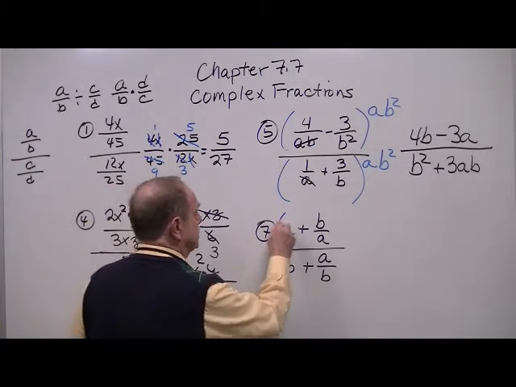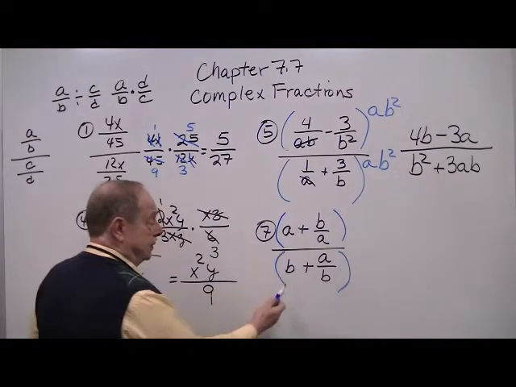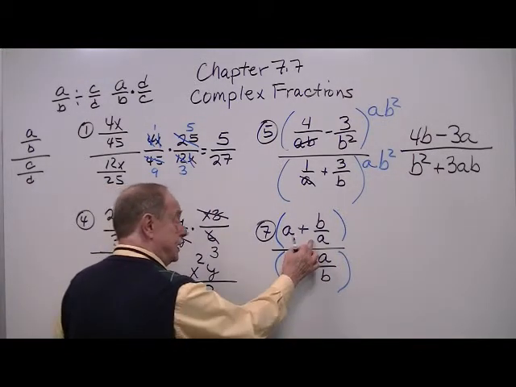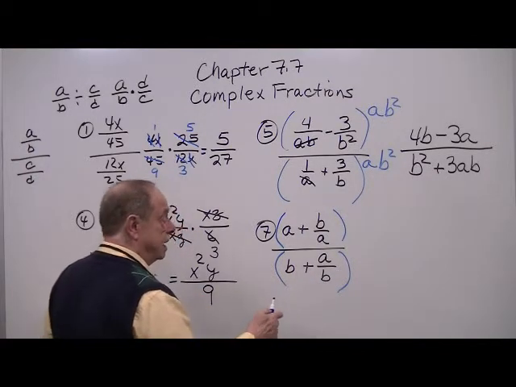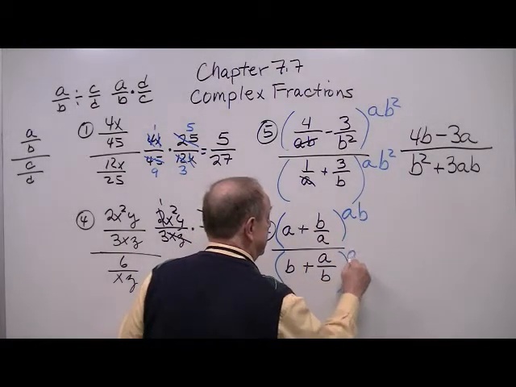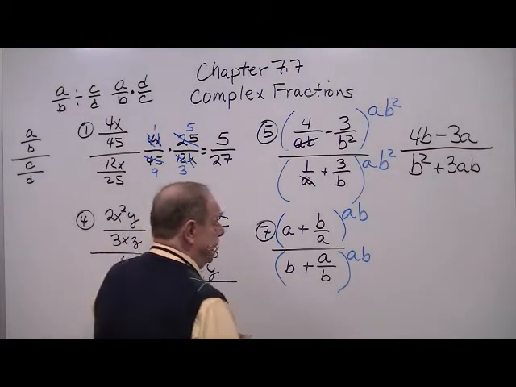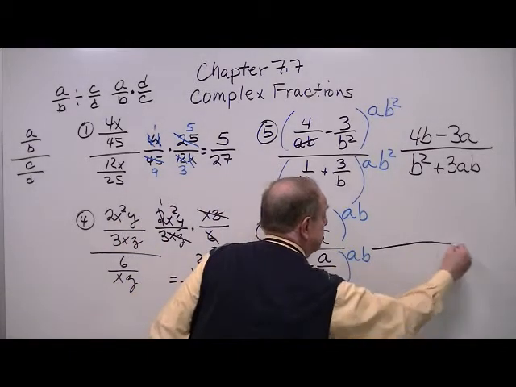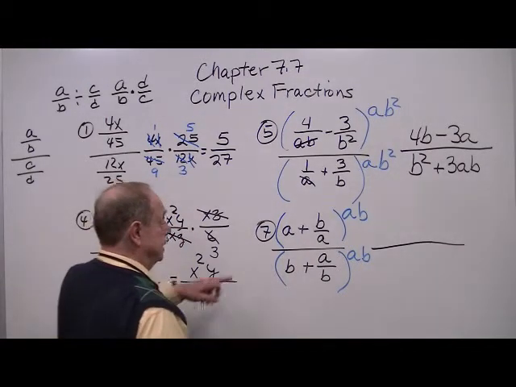What will be your lowest common denominator for both of these denominators? Well, here we have an a, here we have a b. So our lowest common denominator will be ab. And what we're going to do now is multiply through to get rid of our fractions.